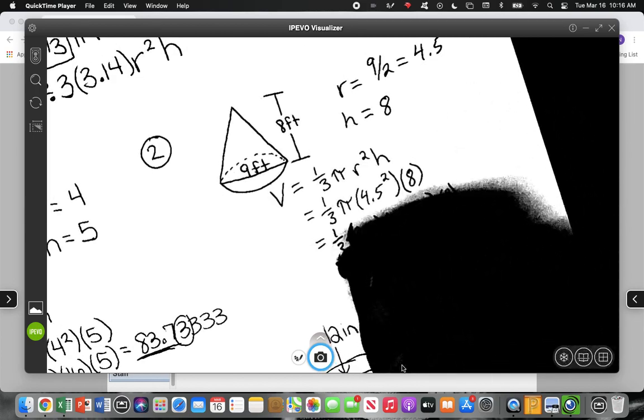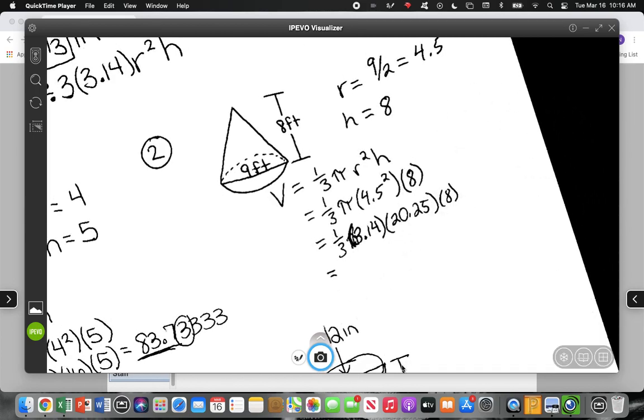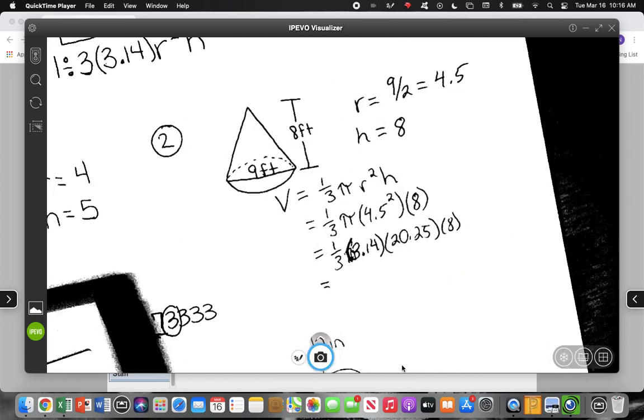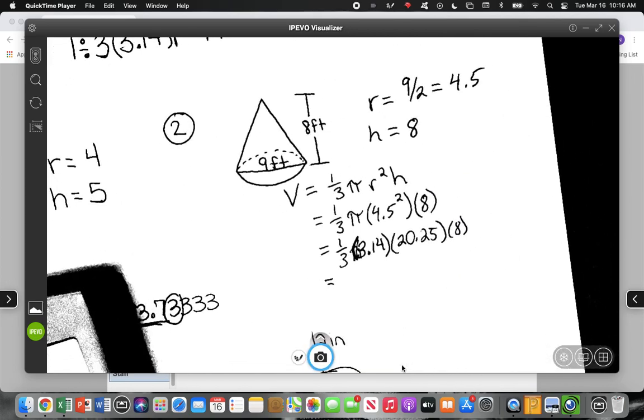All right, so now, whenever we put this into our calculator, we're going to say 1 divided by 3, right? That's our first step. And then we're going to multiply that times 3.14 times 20.25 and times 8.